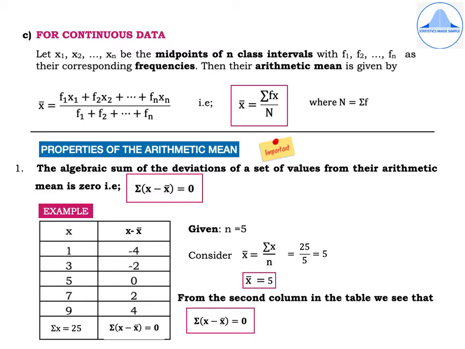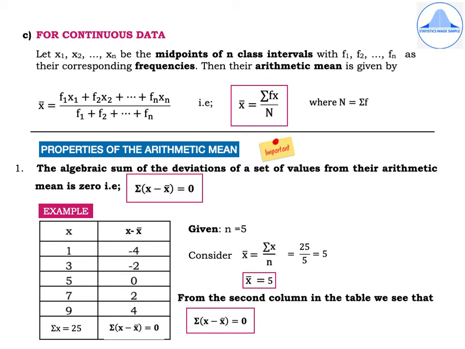So you know that the arithmetic mean is denoted by x bar. Deviations of a set of values from their arithmetic mean means that it is x minus x bar. So the algebraic sum of the deviations of a set of values from their arithmetic mean in terms of notations is nothing but summation x minus x bar, and this should be equal to 0.